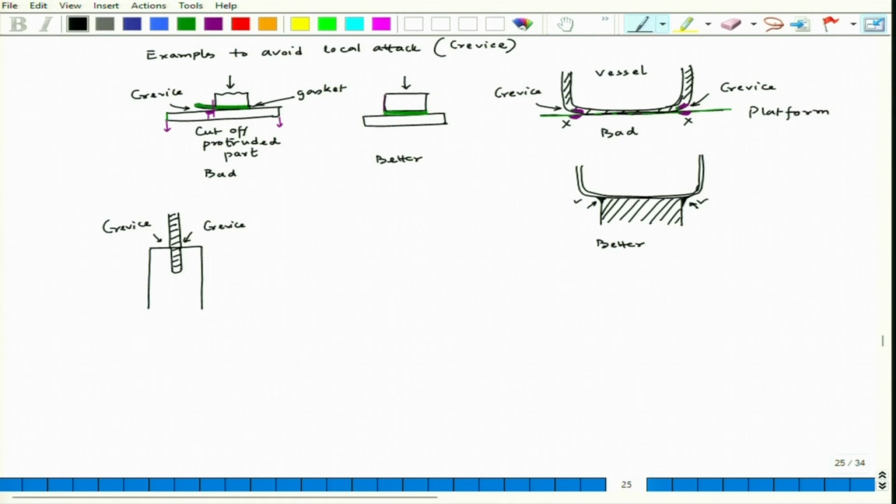Now, this is bad, and if this is cement, this concrete, the major problem would happen around this zone. In fact, there could be a possibility of crack in the concrete also, because the corrosion would happen just below this. Just below this, severe corrosion can happen. Outside would have corrosion, but it will be less corrosion.